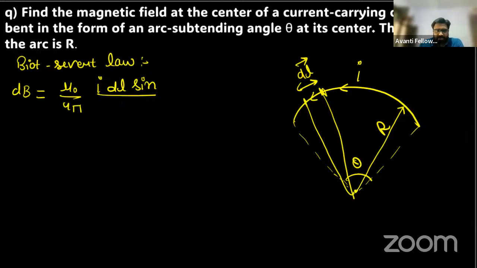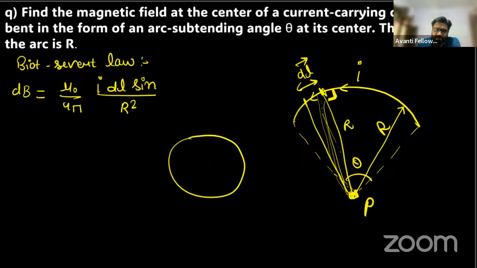Upon capital R squared. Now, the position vector that we take along with the dl vector is from this point where we have to find the magnetic field. This point is connected by this line. Although I have shown you a very big picture of dl, dl is very small, so this line could be the radius itself. And you know that in an arc, the radius makes a 90-degree angle with the arc. In a circle, the radius is always perpendicular to any point on the circle.